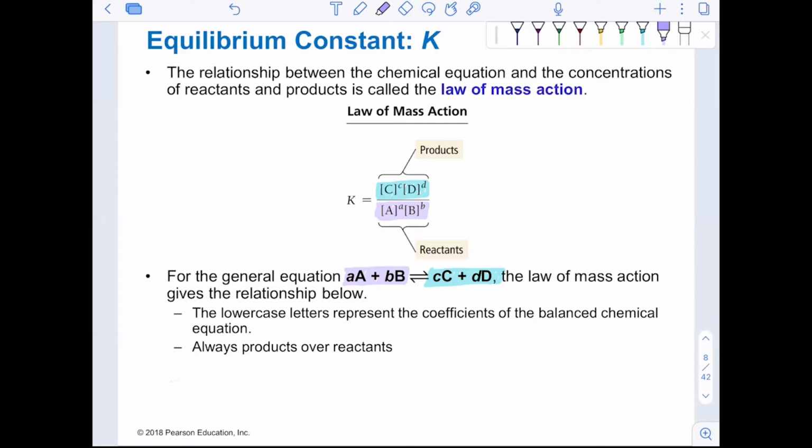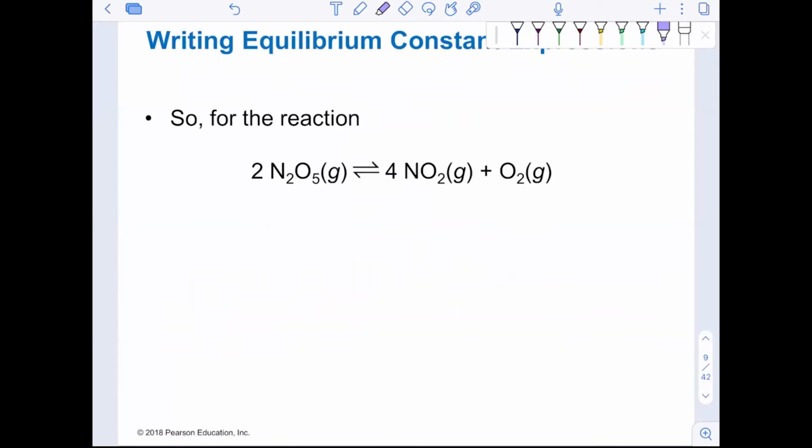The only unique thing about K is that it does not have units. We assume no units, even though we are using concentration, molarity, and we'll also see that we can use partial pressures for gas reactions, but the overall units of K will not be anything. They'll be unitless. So let's just practice.